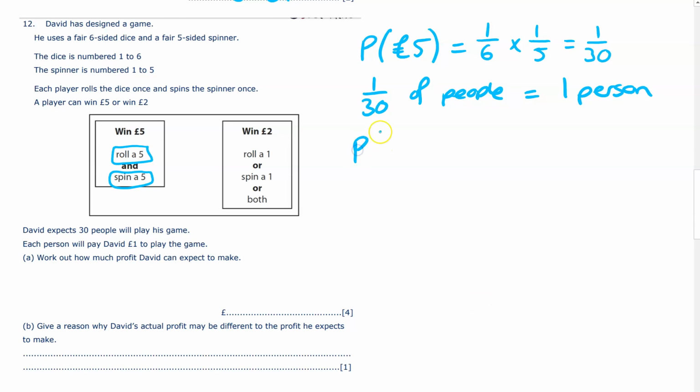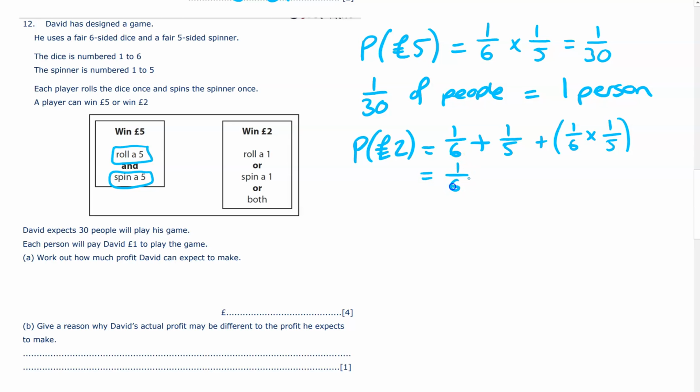If we look at the £2, to roll a 1 on a dice, we could have anything on the spinner. So we can have 1 on a spinner times anything on the dice, so that's 1/5, or both, so that is a 1 on the spinner and 1 on the dice.